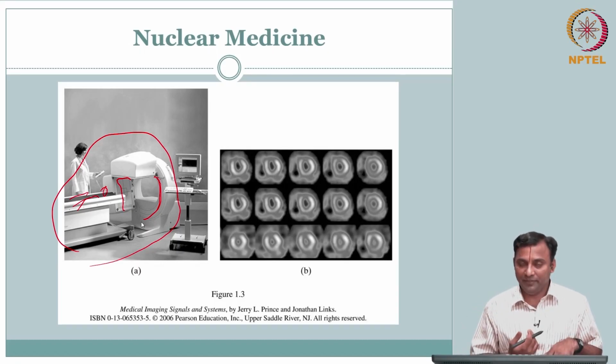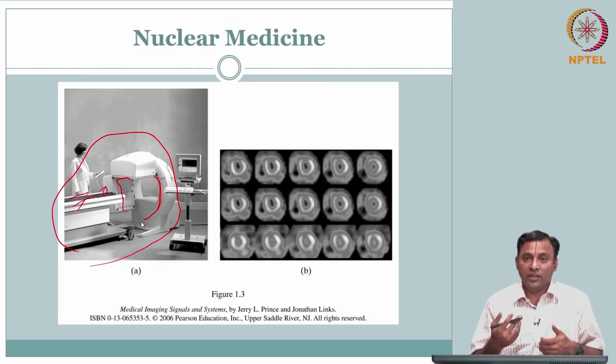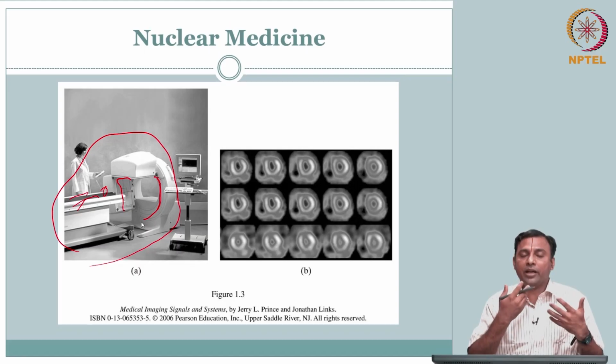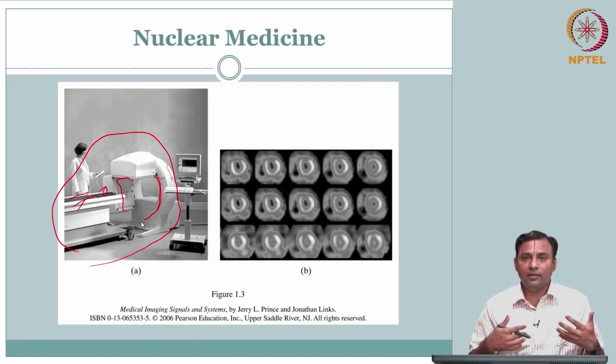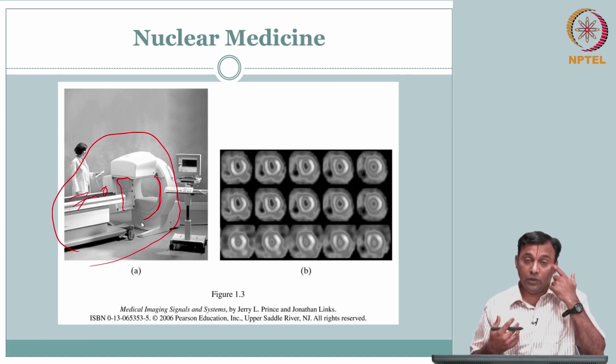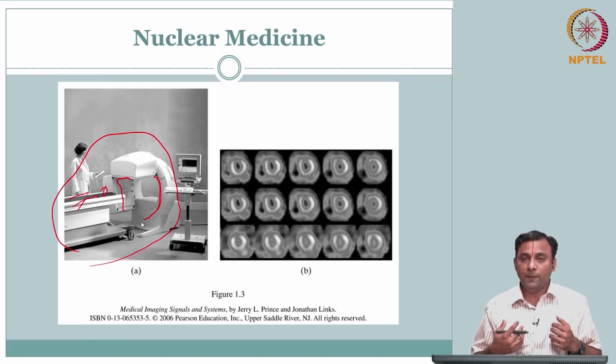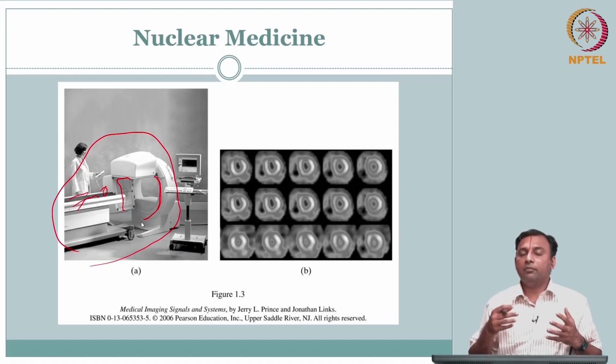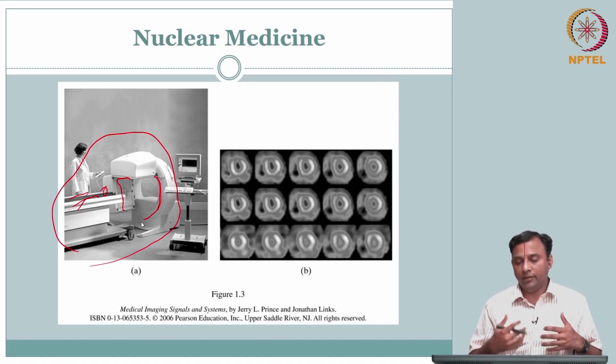tracer into your body. So they have to choose some route, either make you drink and wait for some time so that the radioactivity goes to the desired part where it is going to. So for example, if you want to see the problems in your stomach, your digestive system, you want to see how it functions, they will ask you to drink some radio tracer that will become active depending on the metabolic activity in the stomach.